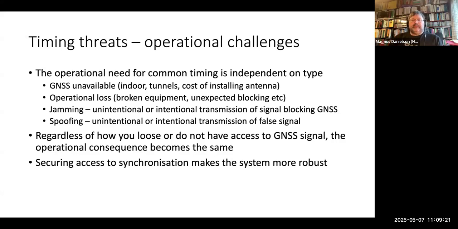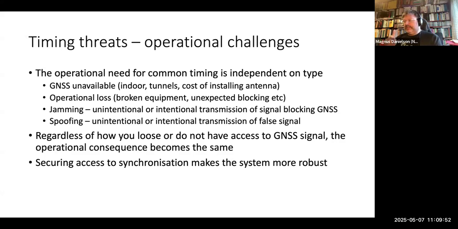Then we have jamming, and that could be unintentional or intentional, but the purpose of that is blocking GNSS reception. And spoofing, that is sending out a false signal, intentional or unintentional, interestingly enough. But regardless of which of these problems you have, they are a threat to your operation. So that's something you need to always have in mind.